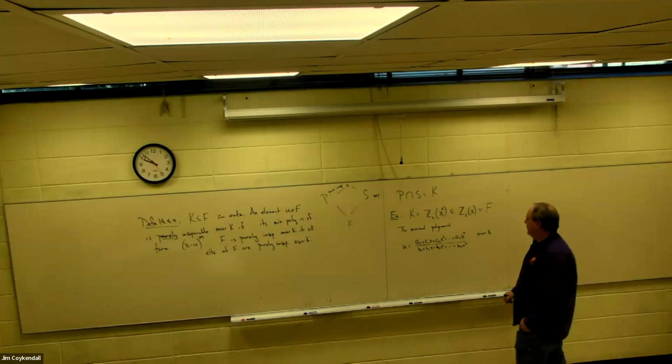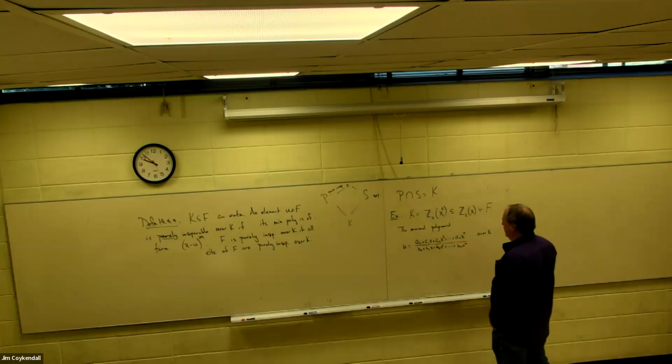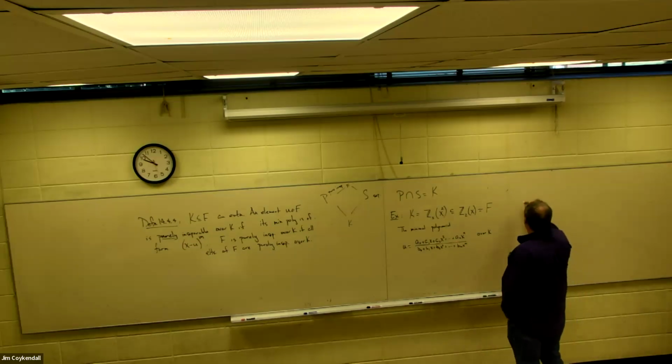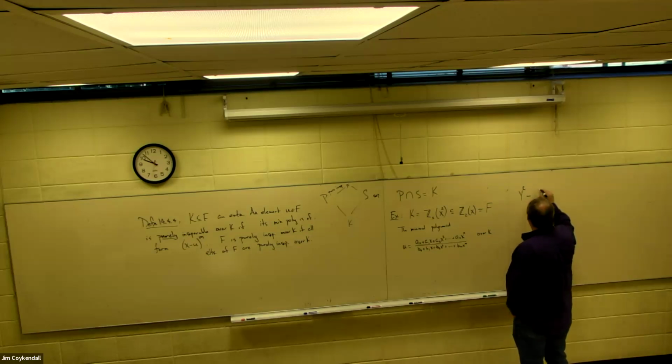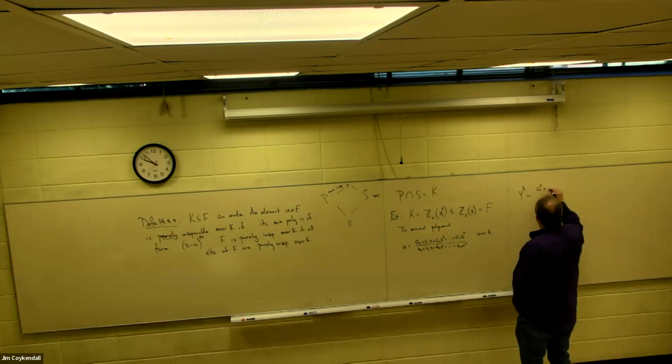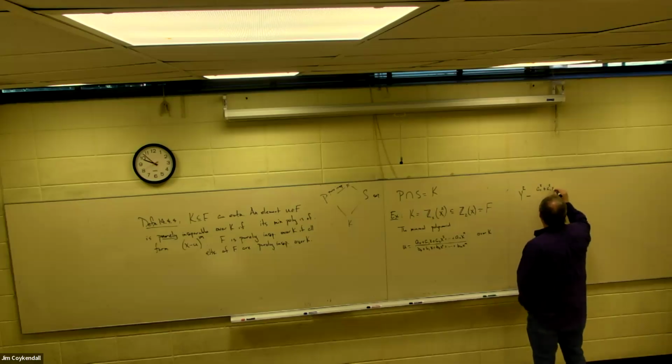I guess since this is over Z2, I could erase that a and b, but whatever. Plus or minus doesn't matter, it's characteristic two.